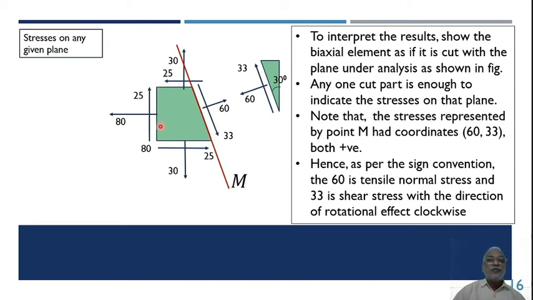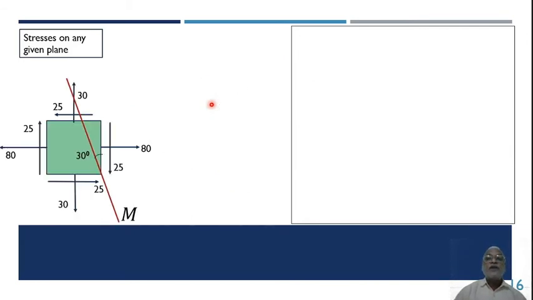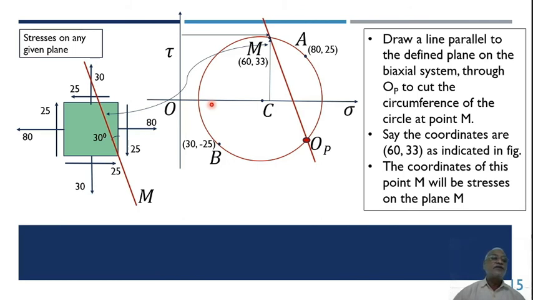So if you are drawing a stressed element and then the stresses on an inclined plane, some general plane, how do you interpret the results? Now I'll go back to that. You have seen that when you draw a line parallel to this, it gives you a point with coordinates 60, 33. What is the meaning of 60, 33?